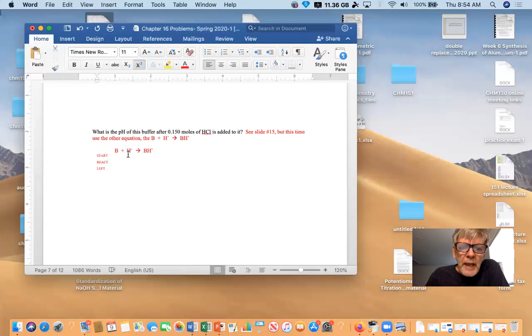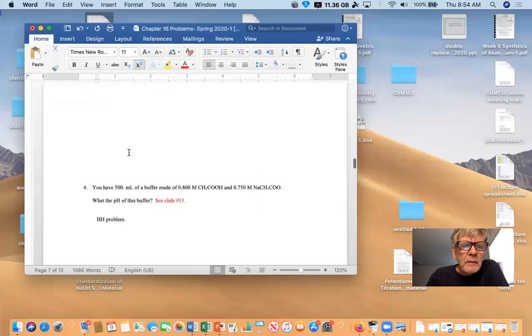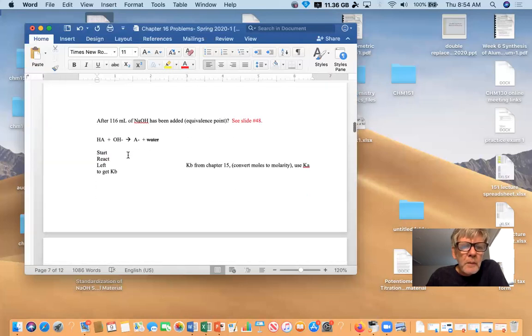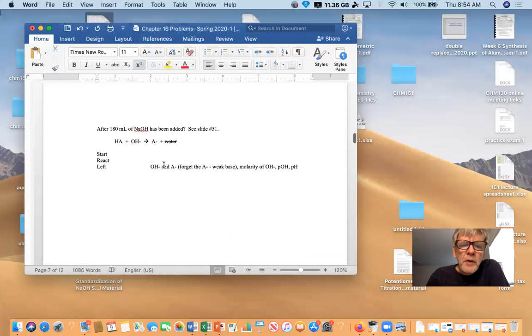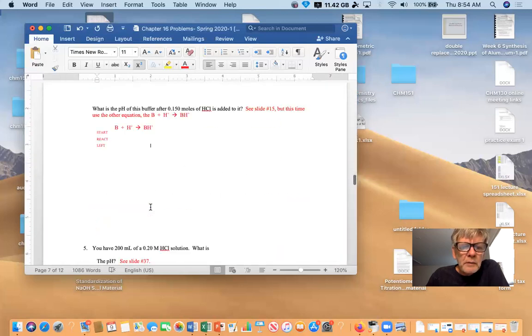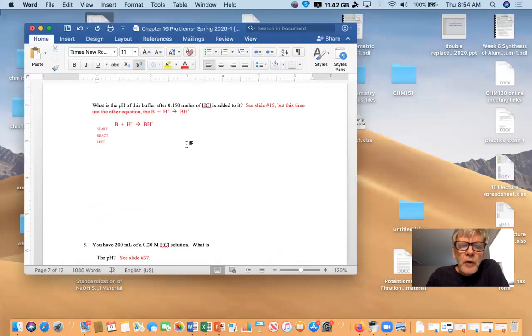When we end up with excess of this, that becomes exactly like what you did here in questions 1 and 2, when you were left with excess strong acid or strong base. We just take the excess strong acid or strong base that we're left with, convert it into molarity, and get pOH or pH accordingly.